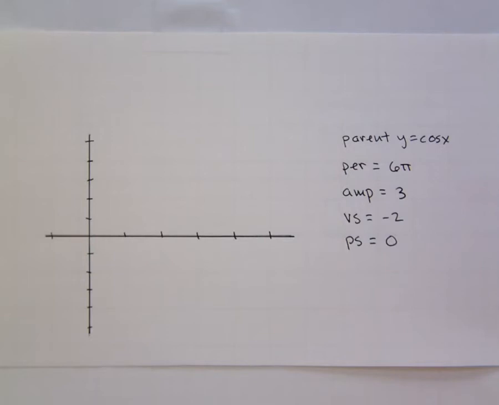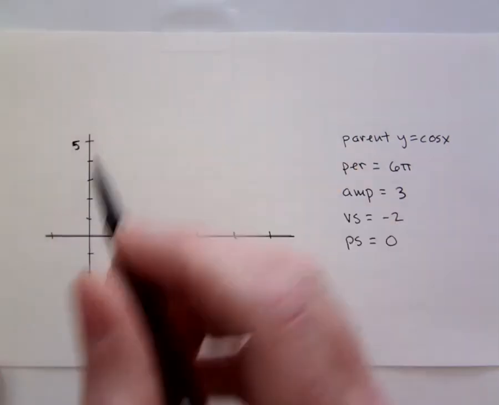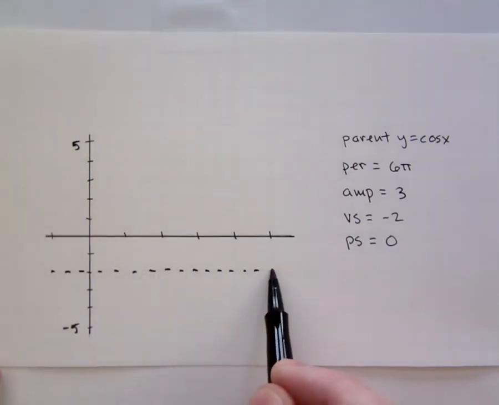The first thing we need to do is to orient ourselves vertically, and we see that there's a vertical shift of -2 and an amplitude of 3, so we have to be within 5. And so we can rather conveniently label the vertical axis so that we're running from -5 to +5. I think the most convenient thing to do is to first identify the location of the vertical shift. Since the vertical shift is at -2, I'm just going to sketch in a little dotted guideline at y equals -2.